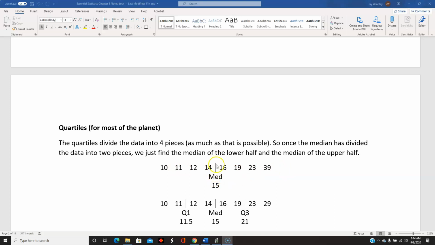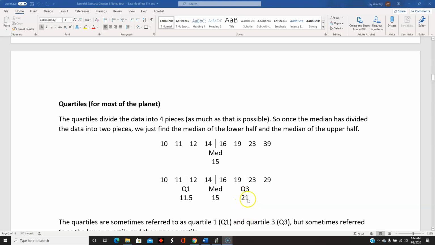The median has already separated the data into a lower half and an upper half, and all we have to do is find the median of both halves. So the median of the bottom half is referred to as Quartile 1, or Q1, and the median of the upper half is referred to as Quartile 3, or Q3.